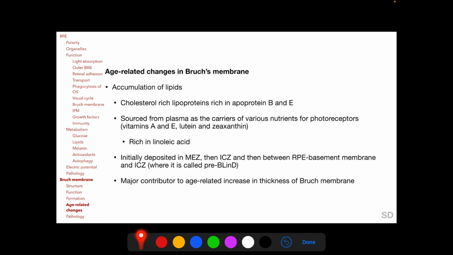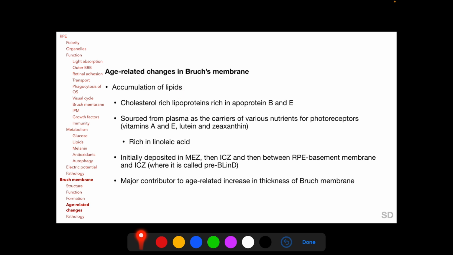This pattern of deposition suggests that the lipoproteins, though sourced from plasma, are deposited in the Bruch's membrane from the RPE. We should note here that the lipids in the membranous discs of the outer segments of the photoreceptors, which are recycled by the RPE, are not said to be deposited in the Bruch's membrane.